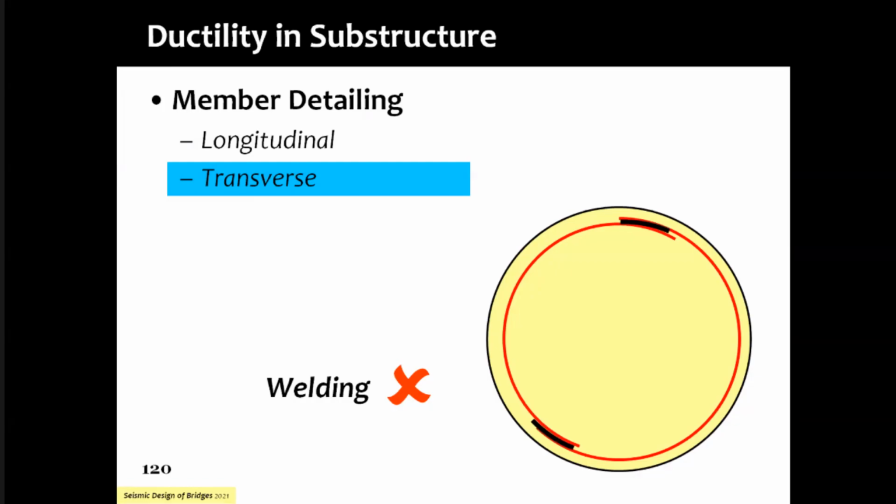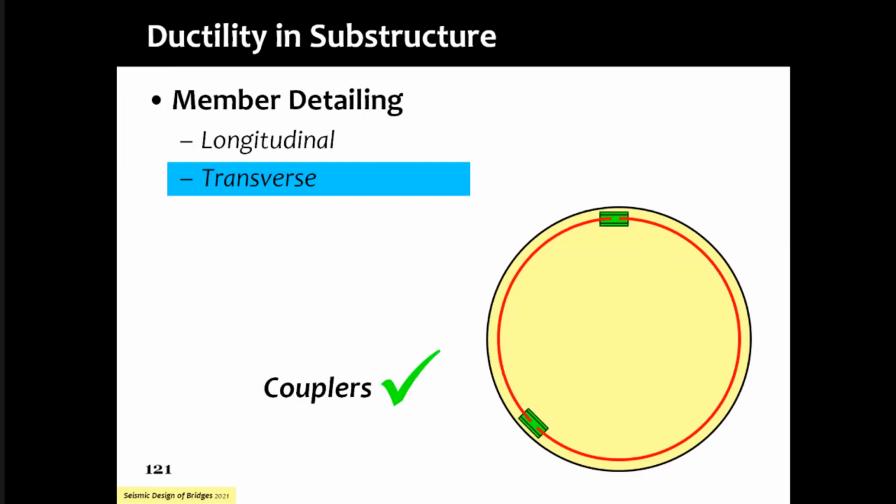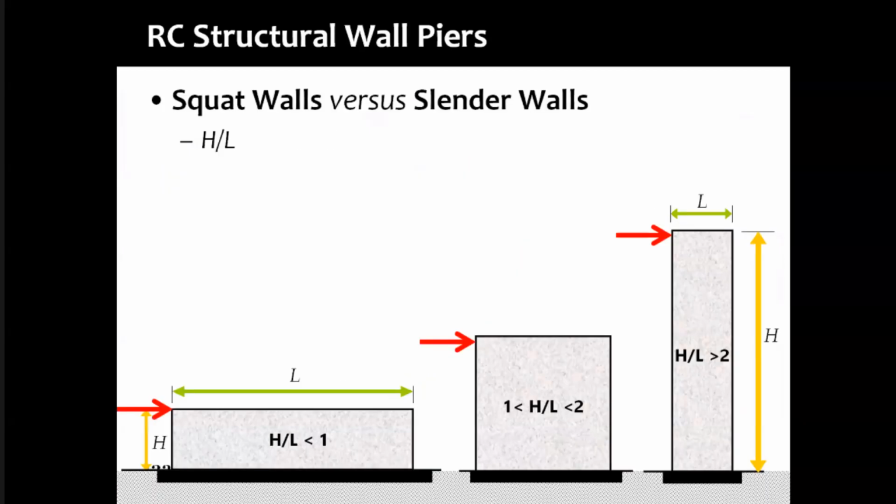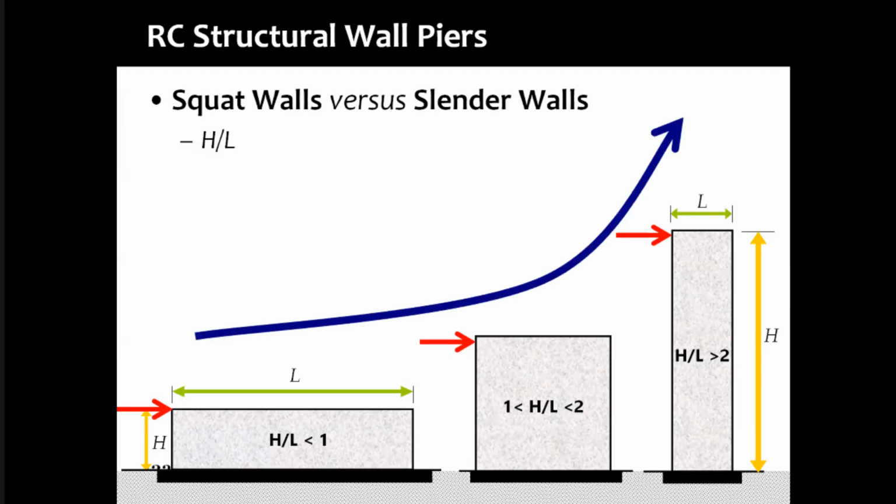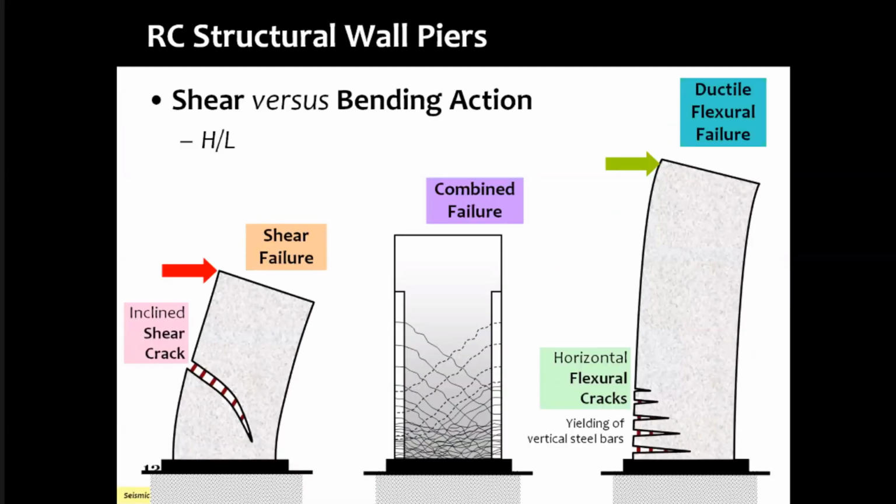Welding is not acceptable for the same reason that it reduces the strength of the steel bar. So again, you need couplers here. Of course, there's a possibility of anchorage in the case of transverse reinforcement. If you can bend it into the body of the concrete, nothing like it, then you can avoid the use of couplers also.